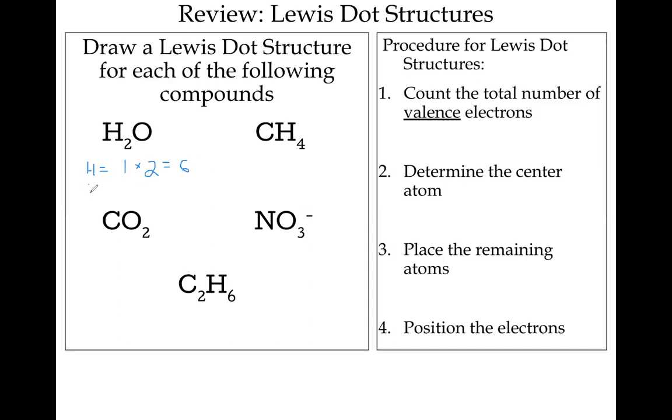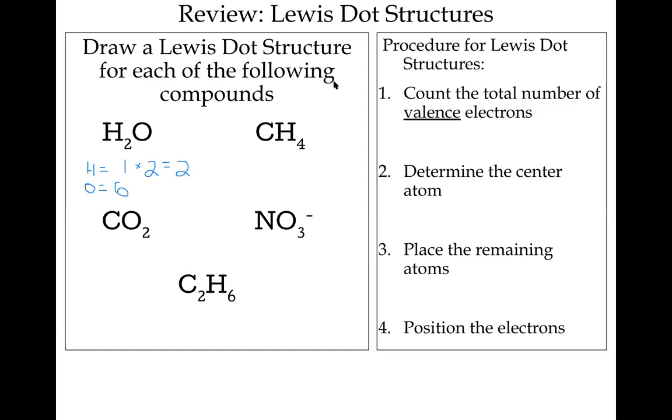And then how many valence electrons does oxygen have? It has 6. Let's try that again. 2, so that means we need 8. 2 plus 6 is 8.